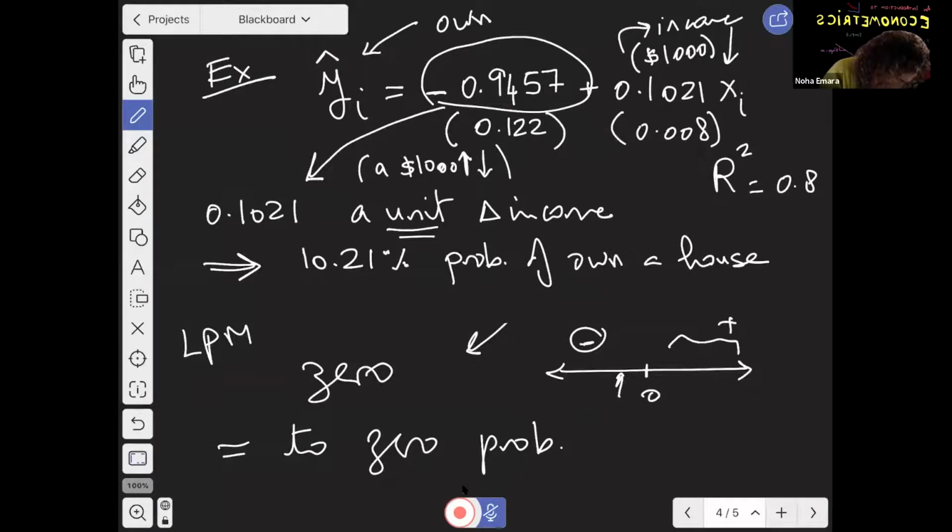Let me say increase instead of change, because usually when I ask you a question, I ask about a unit increase or decrease. So a 1 unit increase in income implies 10.21% probability of owning a house, okay?